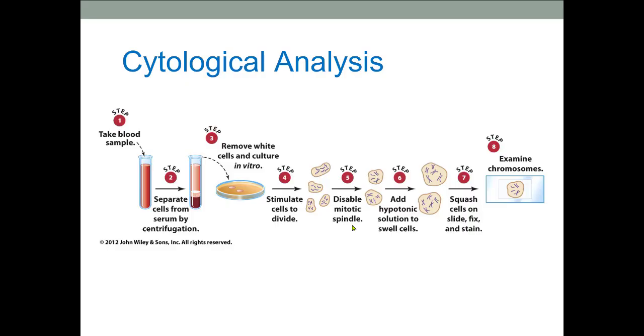So the chromosomes have condensed, and instead of the diffuse DNA staining that you'd get from an interphase cell, we now will get the chromosomal structures that you're used to thinking about. We then burst the cells here. We do that really easily with hypertonic solution, so water rushes in and bursts them. In this very technical term, squash. We make a slide, fix that, and look at the chromosomes.